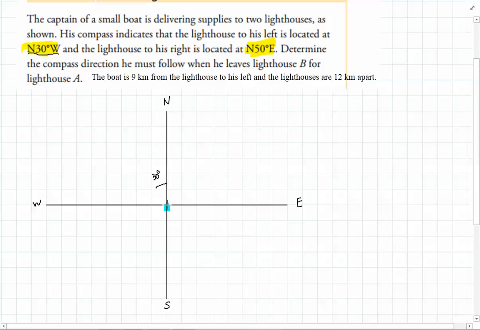And so lighthouse A is over there somewhere. We're not sure exactly where, but over here. Lighthouse B is north 50 degrees east. So again, that's from the north, rotating 50 degrees, but this time to the east. And so lighthouse B is off in this direction.